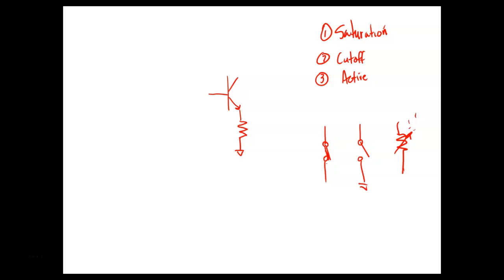So we assume if it's less than 1 volt, it's saturated. If it's equal to the power supply, approximately VCC, we call this cutoff. And active is going to be between 1 and VCC.